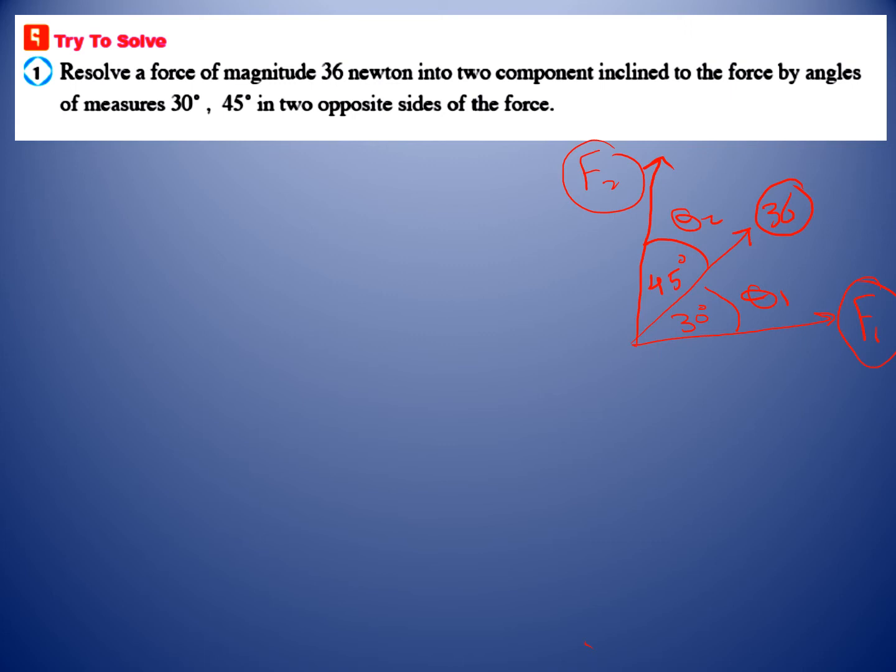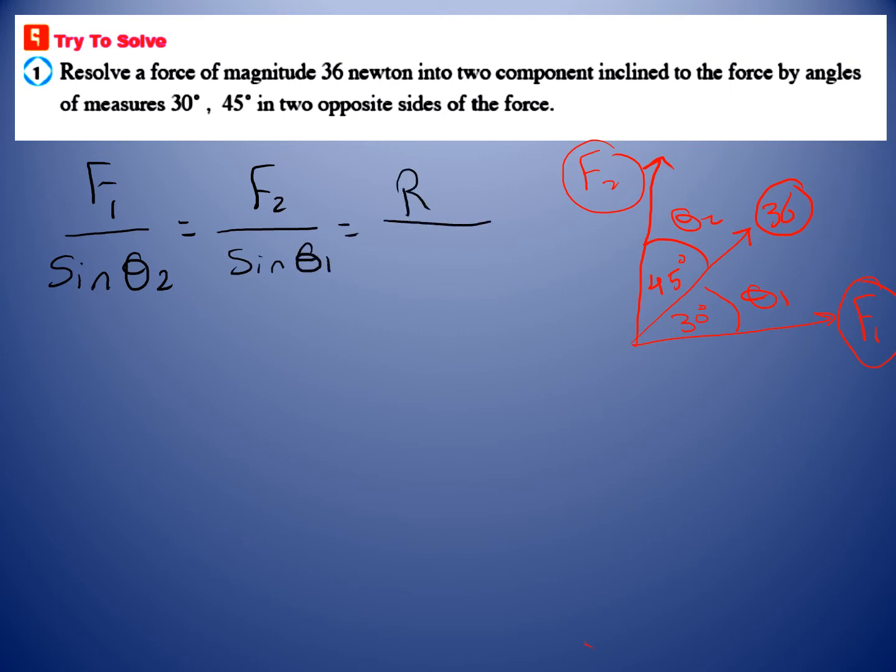So, by taking our rule, F1 over sine θ2 equals F2 over sine θ1 equals R over sine (θ1 plus θ2).